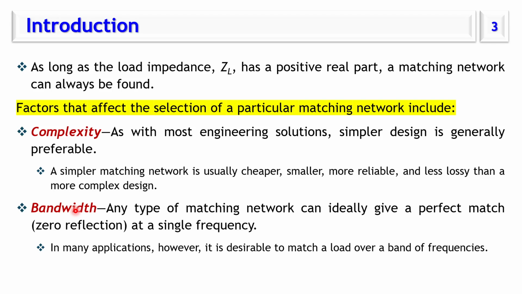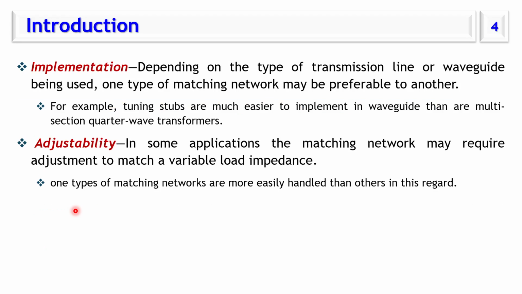So we might have a matching at a single point in frequency, but it is desired to be across the whole operating frequency band of the network, or the circuit or the application. So the bandwidth of the matching network is also important.